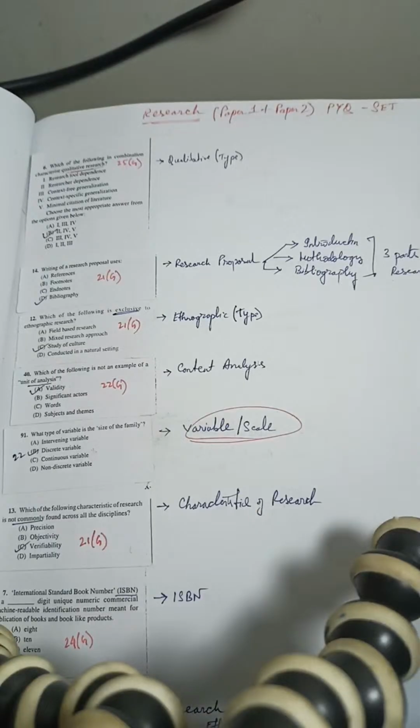This is very important. We need to break the question. We need to decode each word from the question. That is, which of the following is a combination characteristic of qualitative research? We are talking about qualitative research. So as far as qualitative research is concerned, let's take the options one by one.